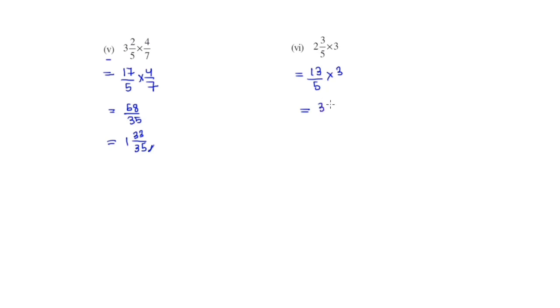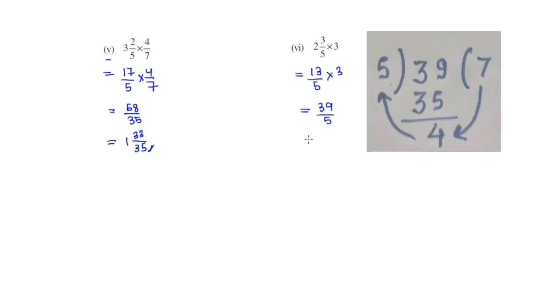We will multiply the numerator, so we will write 13 times 3 gives you 39 over 5. So we are going to convert this improper fraction into a mixed fraction. If you divide 39 by 5, you will get the quotient as 7, 4 as the remainder, and the divisor we will write as 5. So in this way we will do this question.